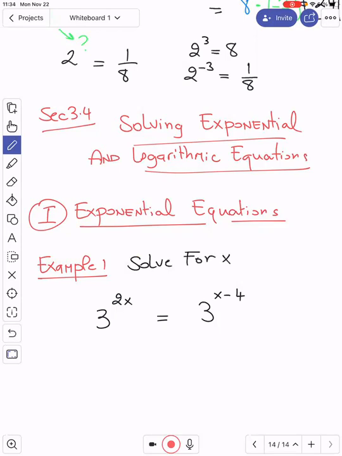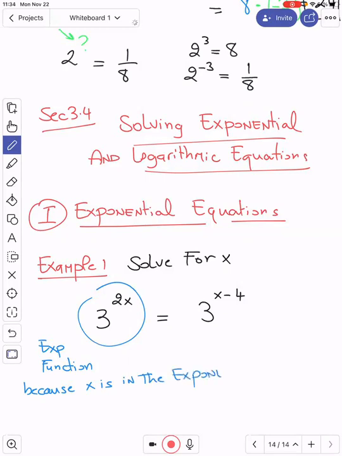This is an exponential equation because, as you can see, your variable x is in the exponent. It's not in the base. Both sides are exponential functions, because x is in the exponent, not in the base.